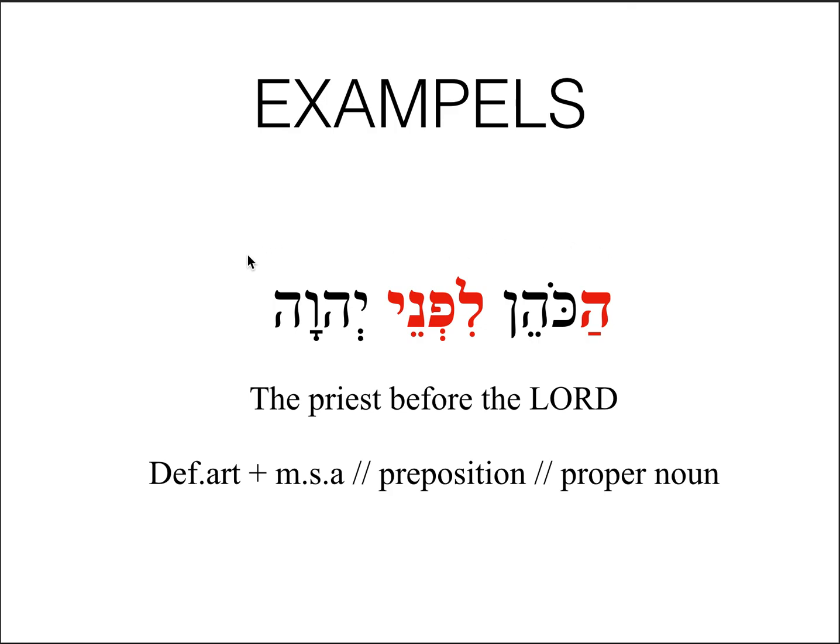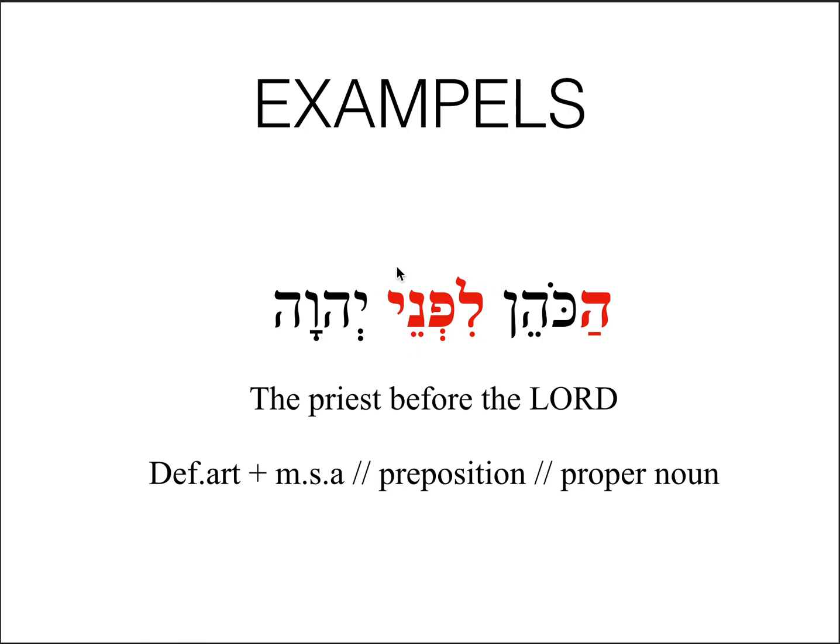You can look at this text and think of a reason or two reasons why it is one or the other. First, look at the definite article. One of the rules says construct cannot take definite articles, therefore you know this is an absolute. Second, lifnei.